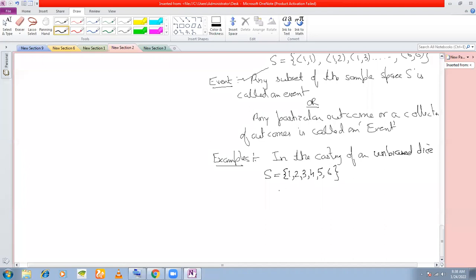Now, if I define the event, let E be the event: appearance of an even number.